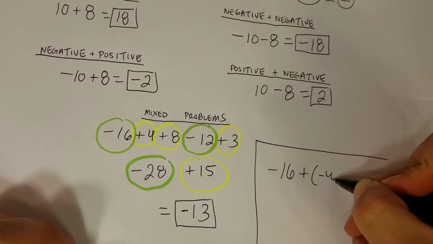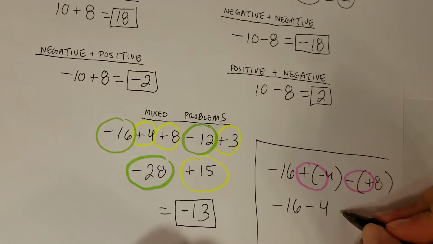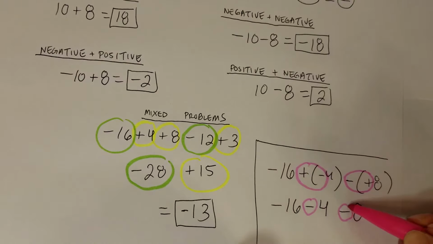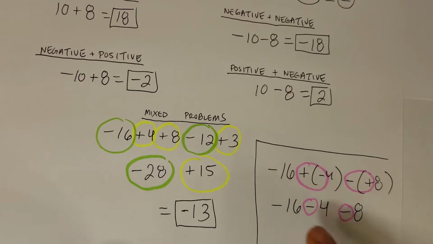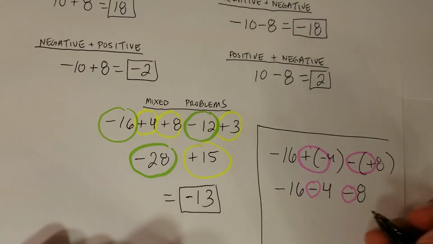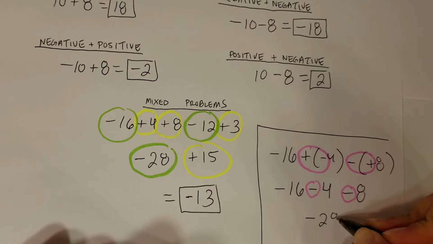So this problem just becomes negative 16 minus 4 minus 8. If you ever have a positive and negative next to each other, the negative one is always going to win. And from the rules, it's negative, negative, negative, so you add them up and keep the sign the same. The answer for this particular problem that I just made up is negative 28.